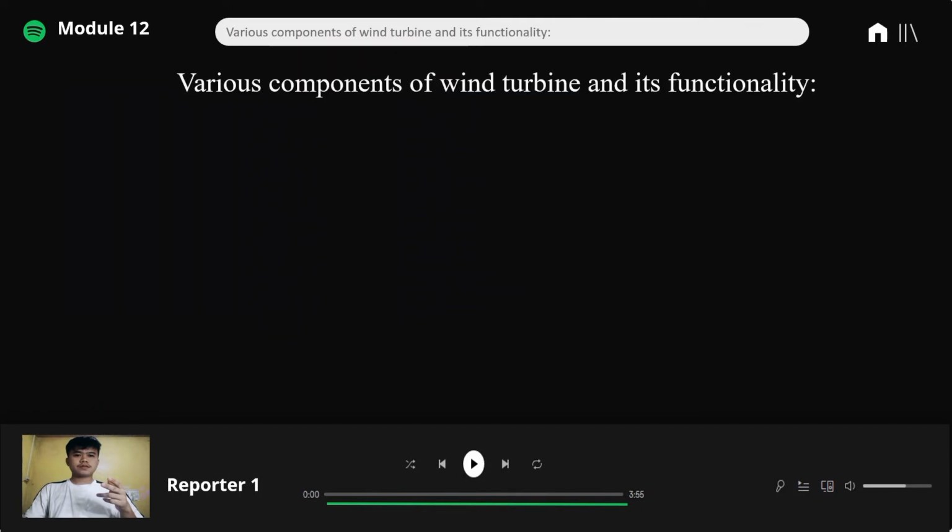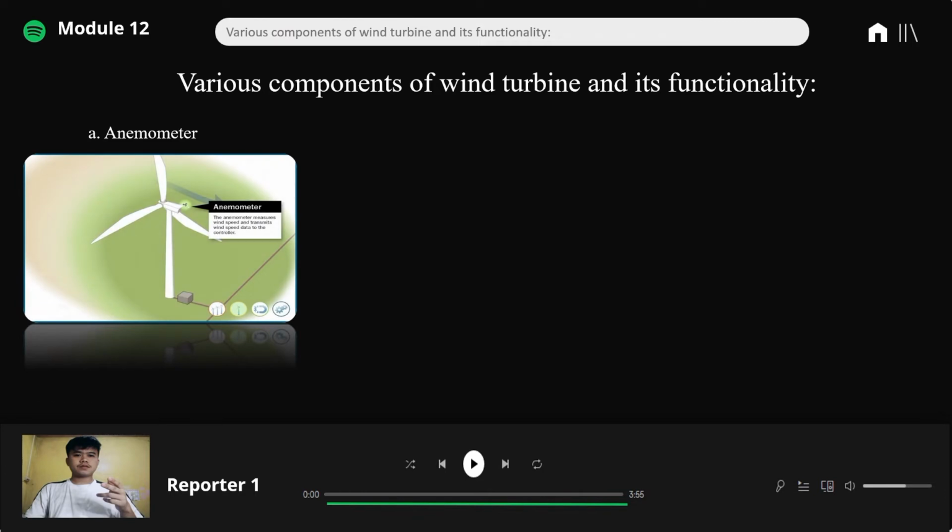And then, various components of a wind turbine and their functionality. So, like I said earlier about the small wind system, I will discuss here the function and definition of the parts of the small system. So, first we have the anemometer. The anemometer measures the wind speed and transmits wind data to the controller. It is a kind of device that measures the wind.